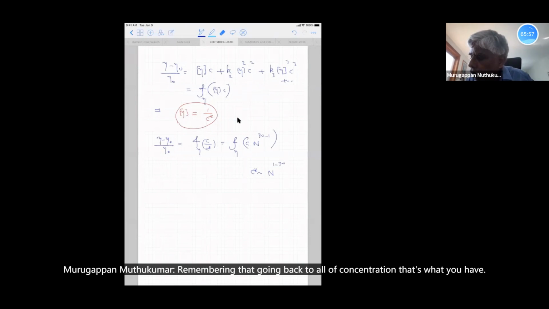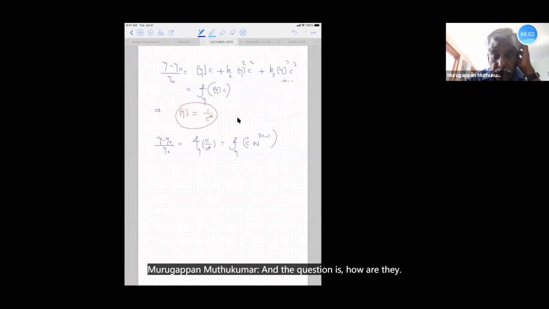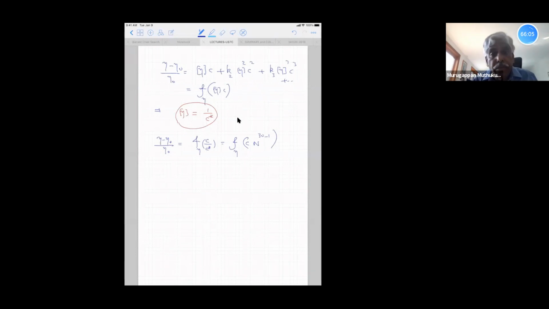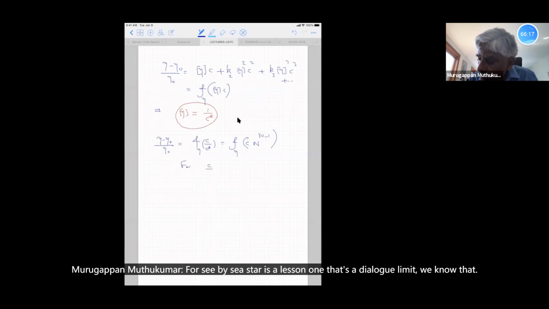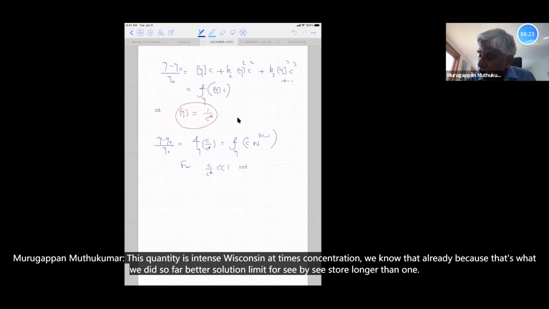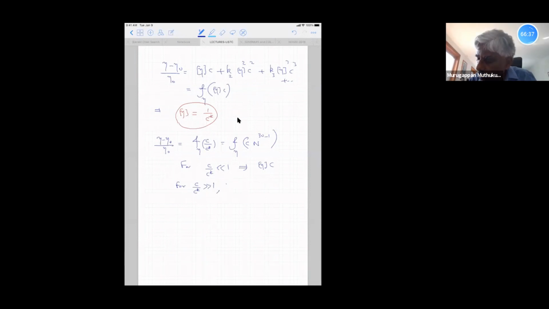And the question is, how does it behave in the high concentration limit? We know for C by C star less than 1, that's a dilute limit. We know that this quantity is intrinsic viscosity times concentration. We know that already, because that's what we did so far, in the dilute solution limit. For C by C star larger than 1, we expect Rouse.